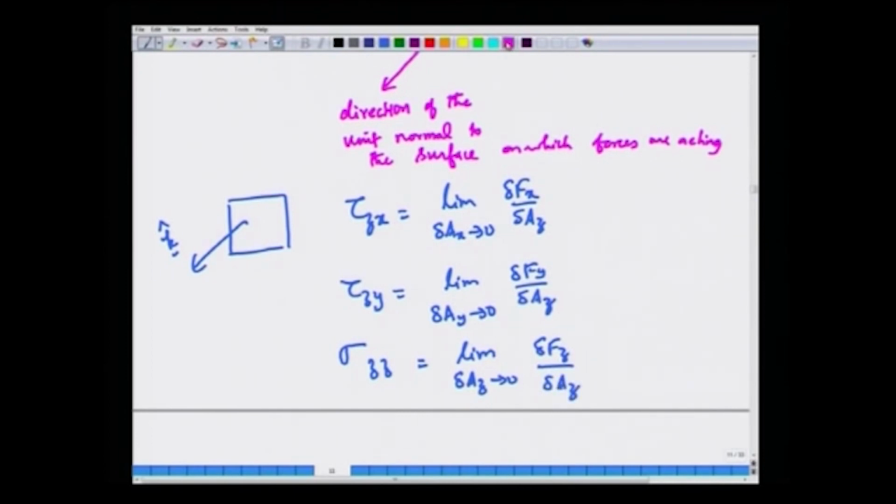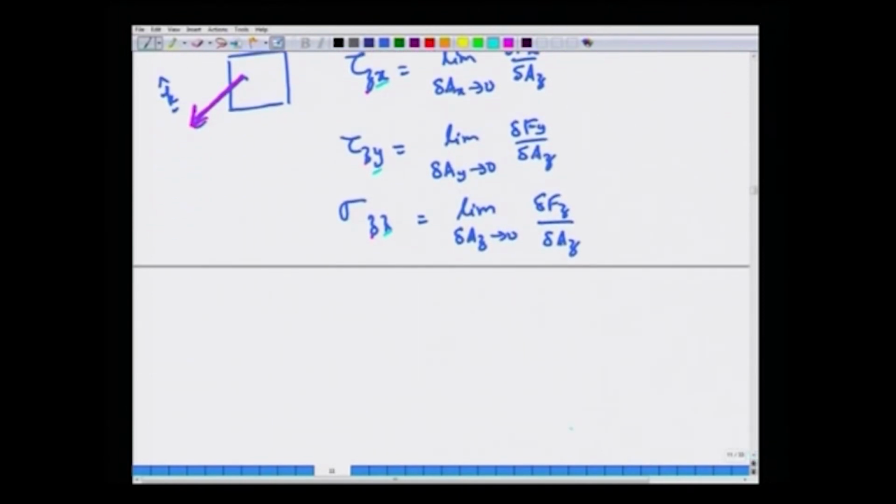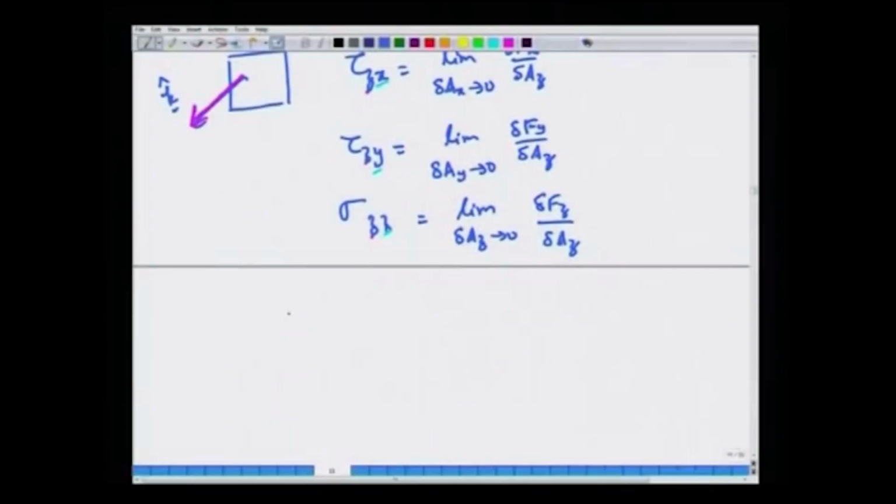Okay. So, again z is the direction of the unit outward normal to the test surface over which forces are acting, and the second subscript x y z denotes the direction of the force which is acting on a given test surface. So, as the control volume over which we are writing this balance, okay, we are taking a cube centered about a point with infinitesimal sides.